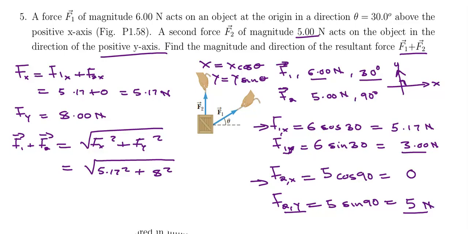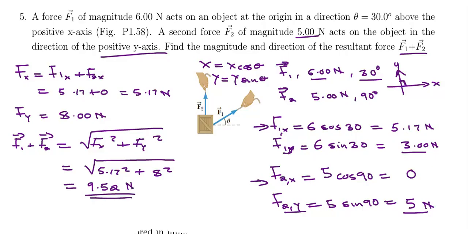Now the square root of this, 90.72, we are having 9.52 newtons. So this is the magnitude.